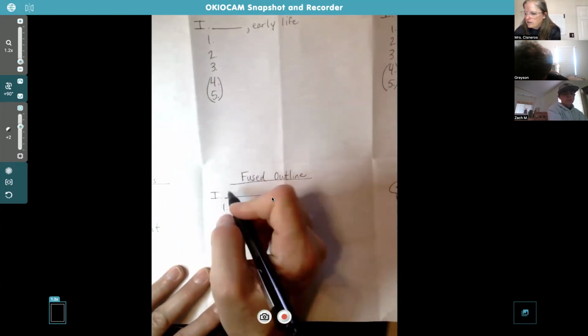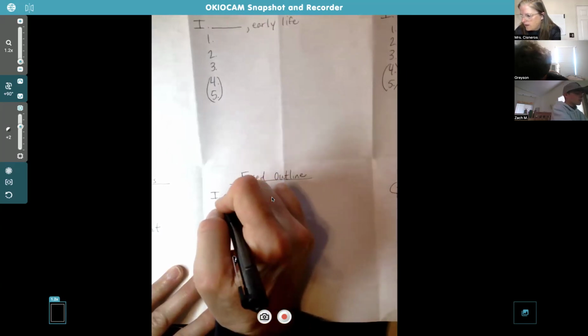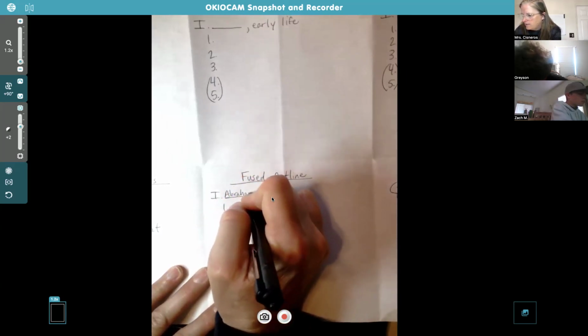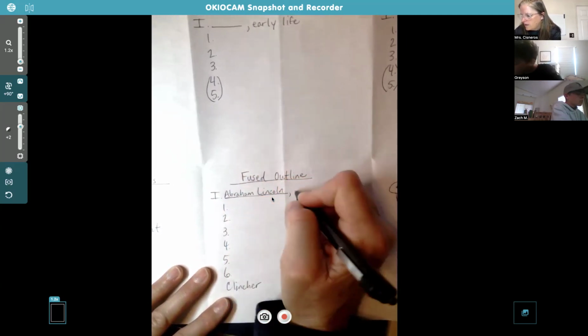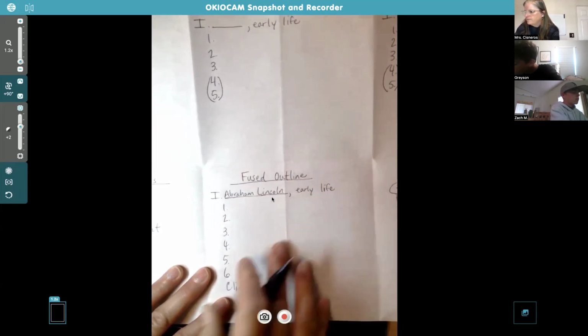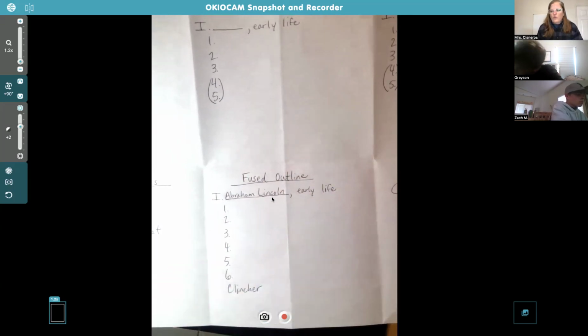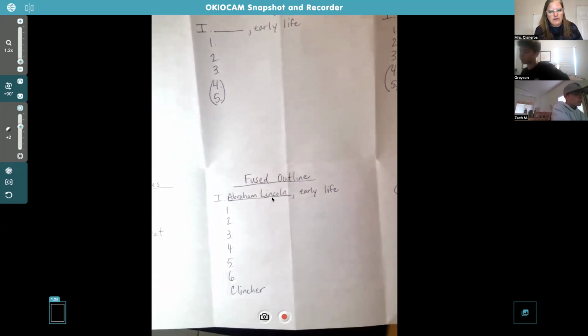And then you're going to actually write out the name on this one, because this is the one you're going to use to write. So you can write it out, Abraham Lincoln, whoever your guy is, comma, early life. When you go to write this paragraph about his early life, you don't have to use the words early life. You can plug in something different there.